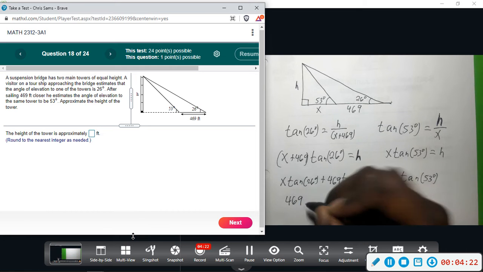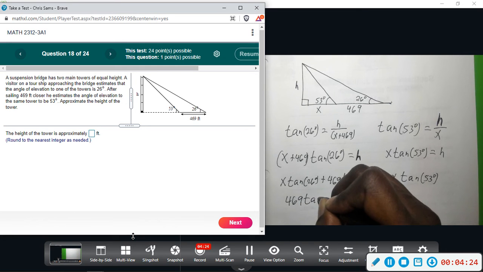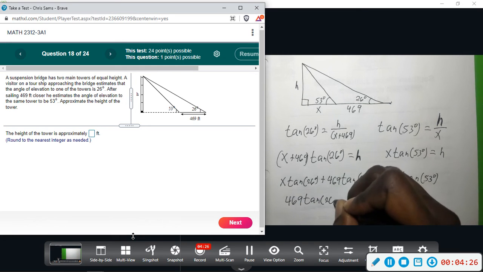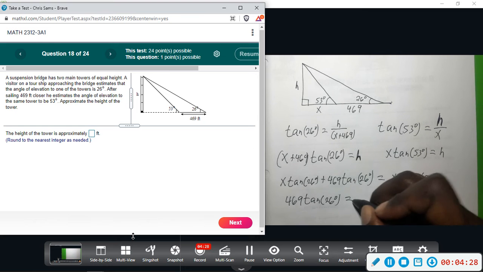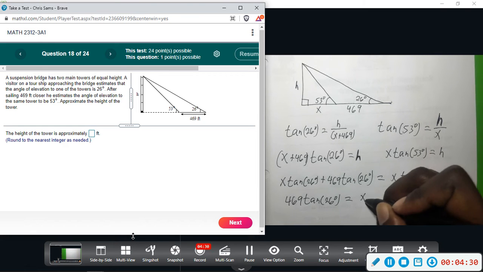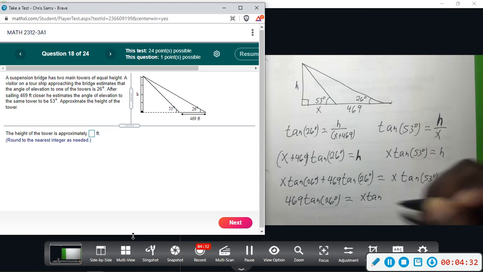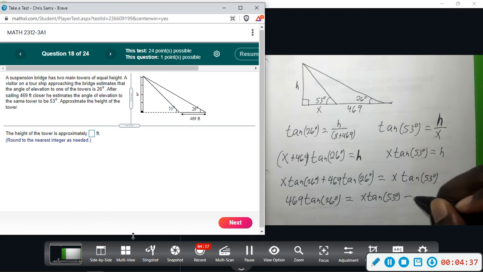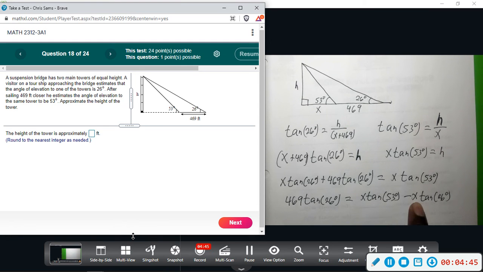So I'm going to have 469 times tan of 26 degrees equals x tan of 53 minus x tan of 26. Alright, we're going to factor out this x. So we'll have one variable x.